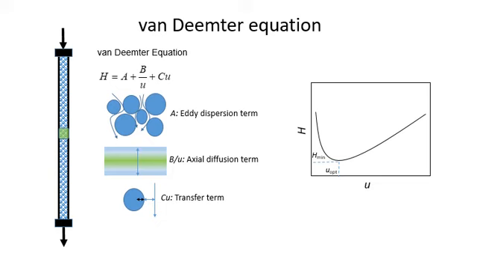At the optimum velocity, that is at U-opt, these terms have their minimum impact and therefore the plate height is minimum. This corresponds to the best condition for separation using a column. Let us now discuss each of these dispersion terms.